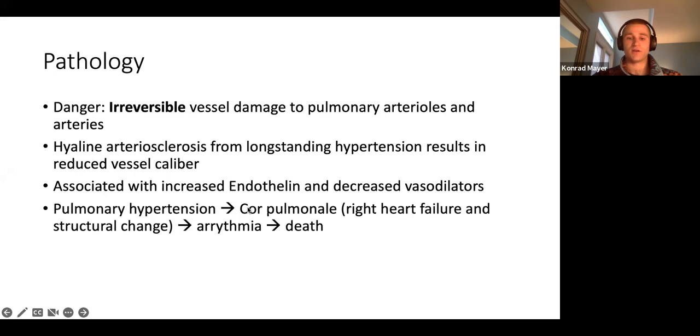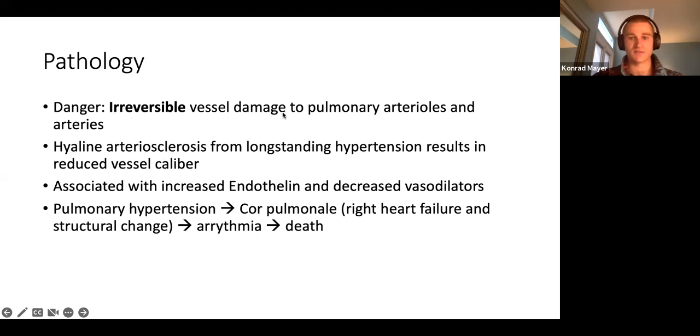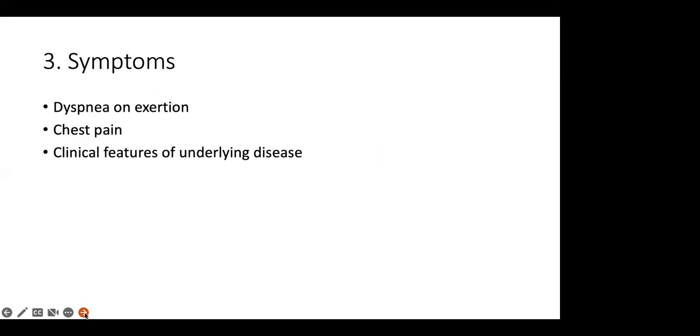So if cor pulmonale leads to right heart failure, it can eventually lead to structural change, which I will get into in a moment. And if we spiral down this loop, the structural change can result in arrhythmia and, for example, atrial flutter, and also death eventually. So that is why, because it is an irreversible vessel damage that can result in bad consequences such as arrhythmia, it is a very important disease to be aware of.